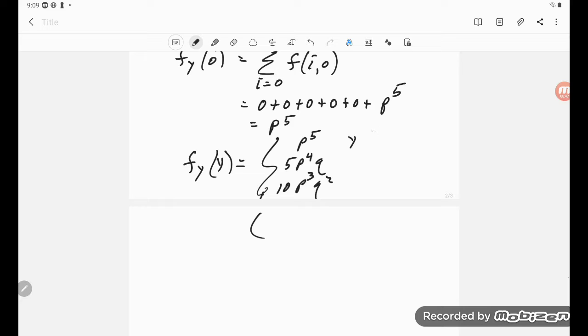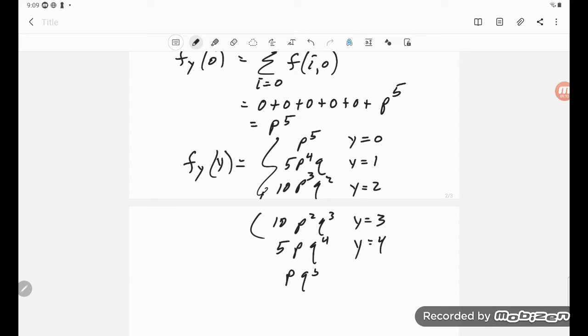y equals 0. This would be y equals 1, y equals 2, 10 p squared q cubed, y equals 3, 5 p q to the fourth, y equals 4, and p q to the fifth, y equals 5.